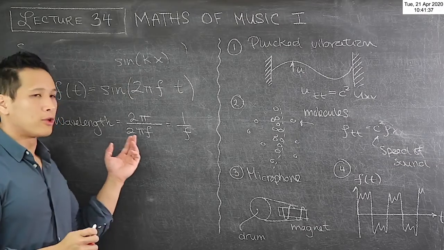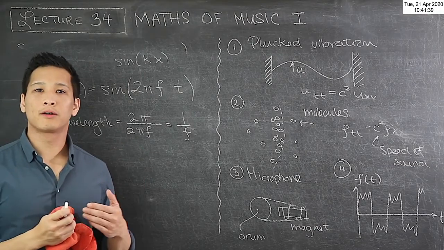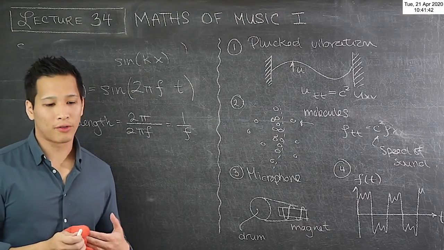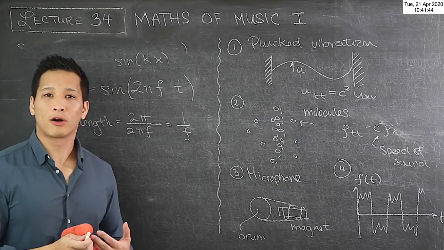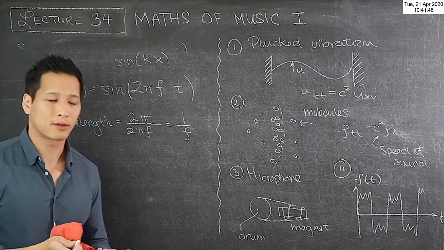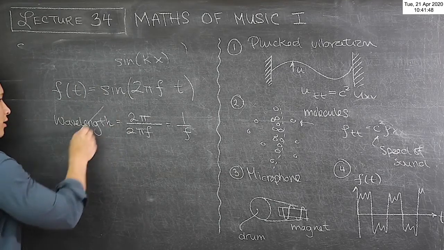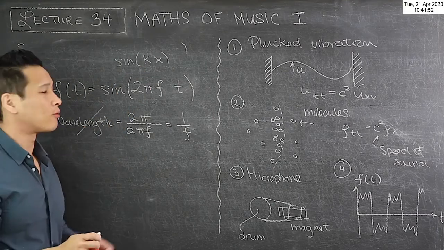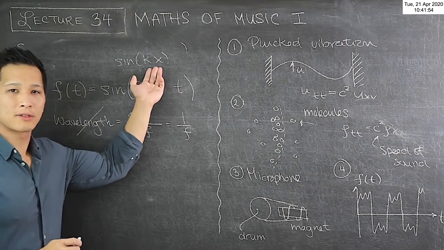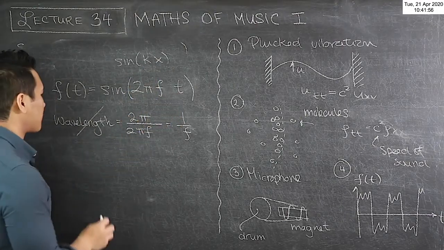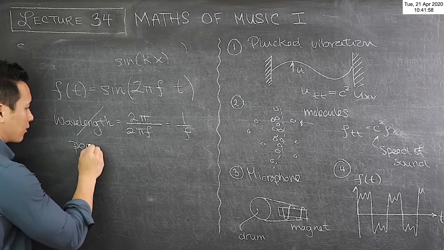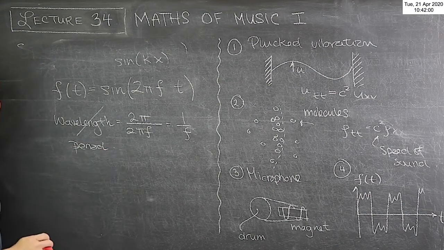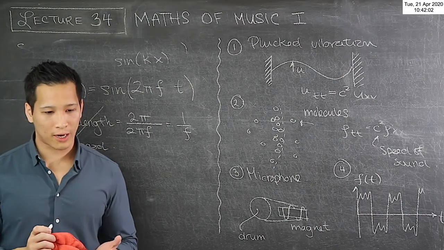And when you deal with signals in time, rather than call it wavelength, you would call this the period of the signal. Rather than calling 2 pi over k the wavelength of a signal in space, when you deal with time, you call this the period. So the period here is 1 over f.